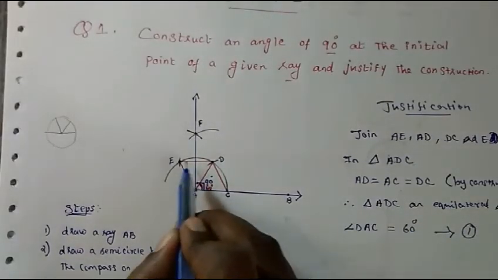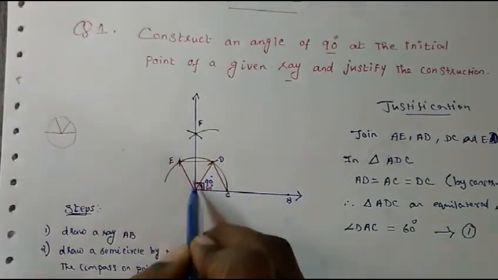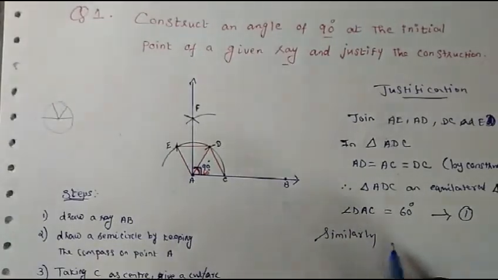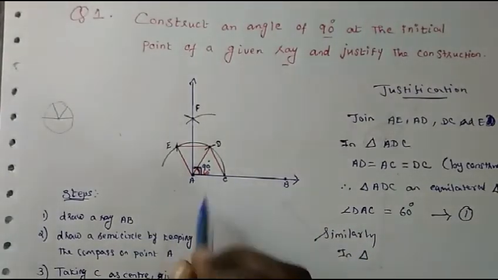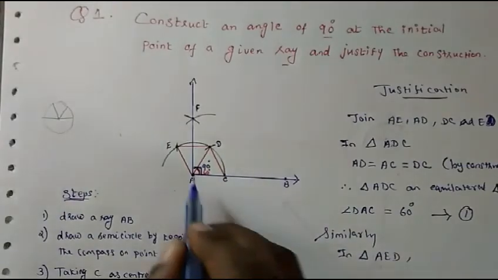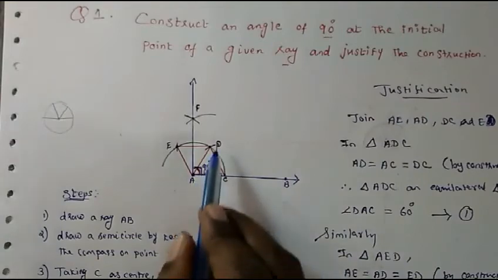Similarly, we can say this also, because AE and AD are radii of the same circle. So similarly, in triangle AED, AE, AD and ED will be equal, because by construction you can give the reason that they are radii of the same circle.